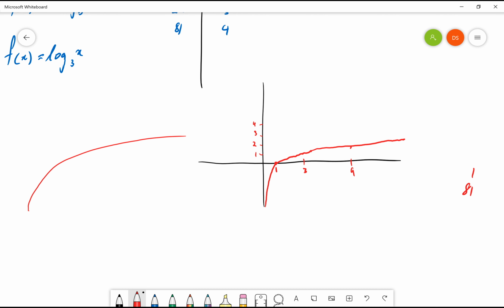Okay, but the thing is, the domain and the range don't change. The x-intercept is typically 1 unless you change it. Symmetry, none. X-intercept is typically (1, 0) unless changed.